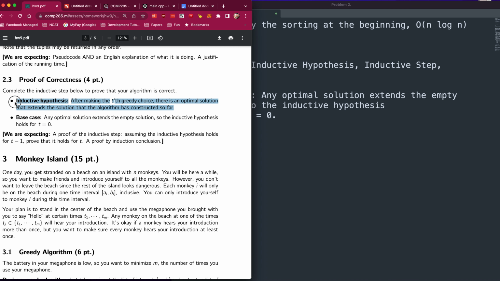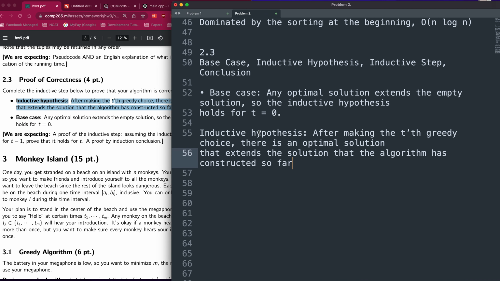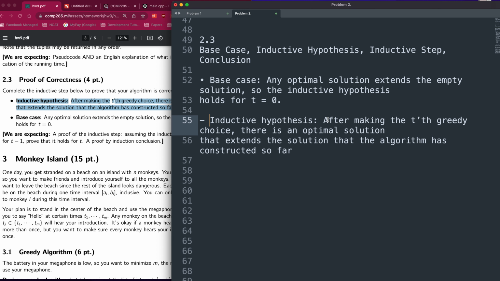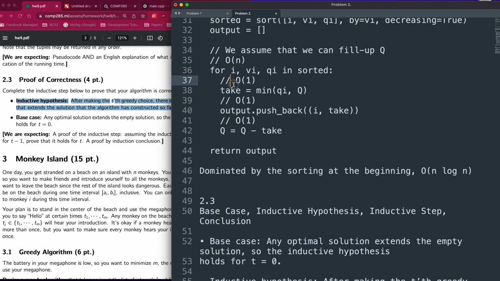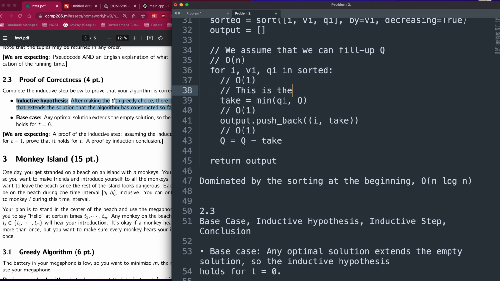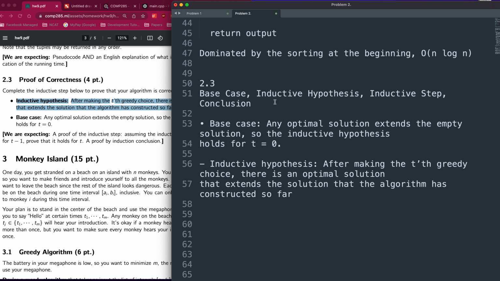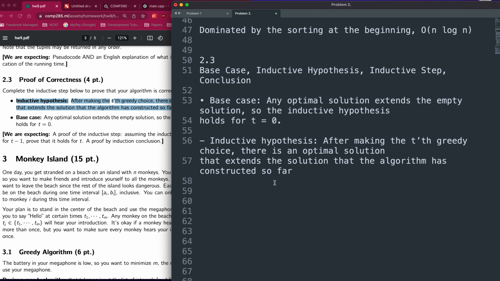And let's talk about the inductive hypothesis, right? The inductive hypothesis that I give you is this one: after making the t-th greedy choice, which we're choosing right here, so this is the greedy choice, where we're choosing to take this much of a particular slushy, the i-th slushy, sorted in this way, there is an optimal solution that extends the solution the algorithm has constructed so far.